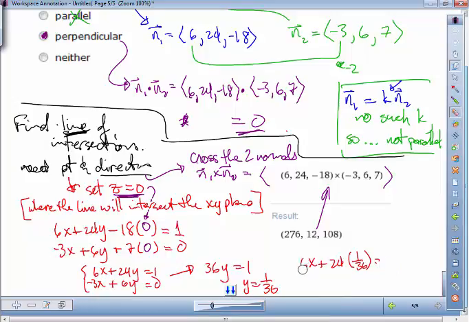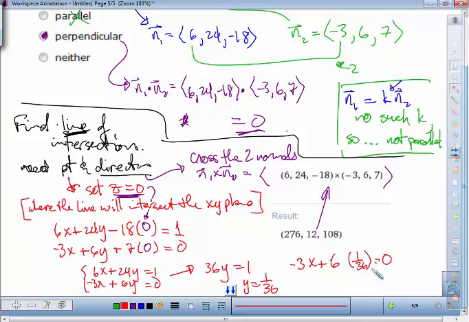Actually, I want to do the bottom one. Sorry. Seems a little bit easier. The bottom one is negative 3x plus 6 times y is equal to 0. It's easier because it's 0 on the other side. Negative 3x plus 6 times 1 over 36, so put the 1 over 6 on the other side and divide by negative 3.